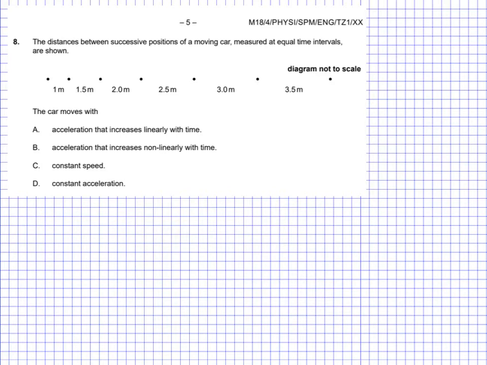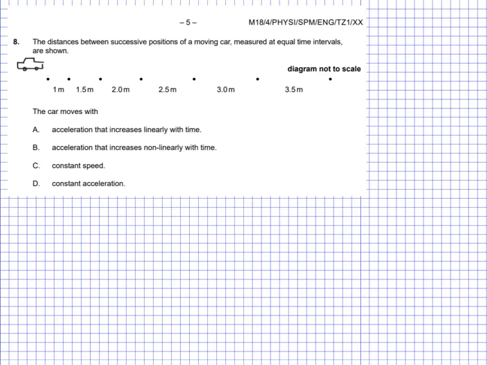Distances between successive points on a moving car measured at equal time intervals are shown. So what this means is that a car is going to start, obviously over here on the left of the page, and if you imagine there's a mark that is given by these dots, let's just say every second.